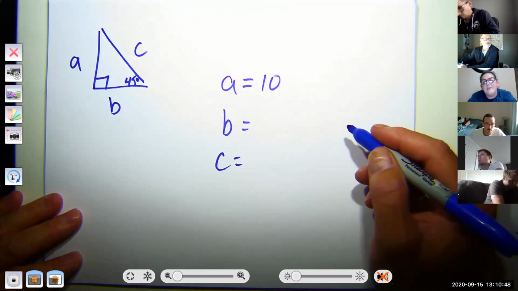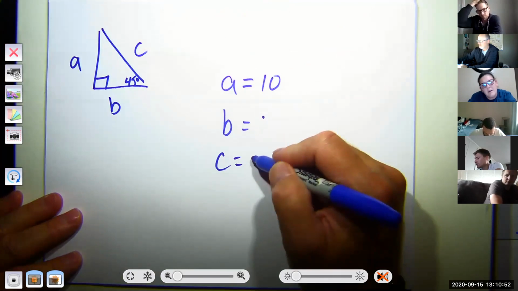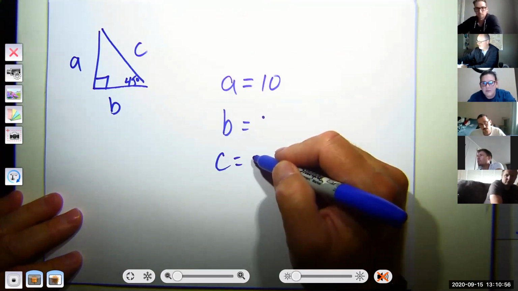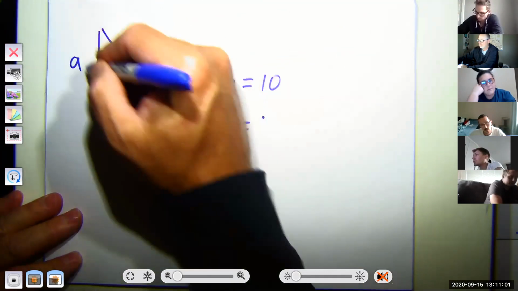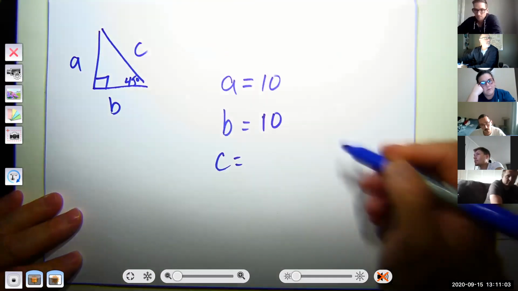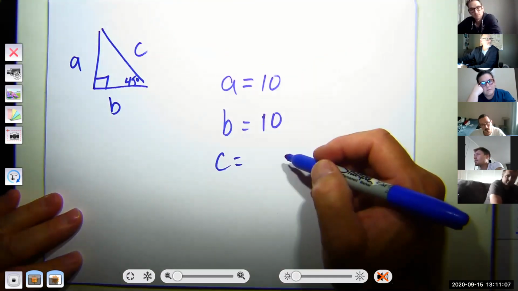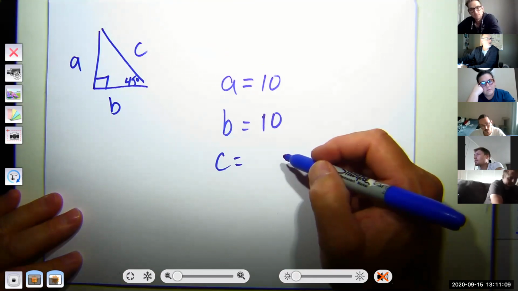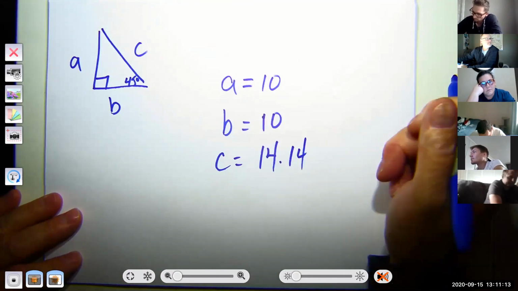Can I just take 10 and times it by 1.414 to get C? Yeah. Because A and B are always the same, they're going to be 10. And C is 1.414 times longer. The travel is always 1.414 times longer. So you're right, Sylvie. That's exactly correct.